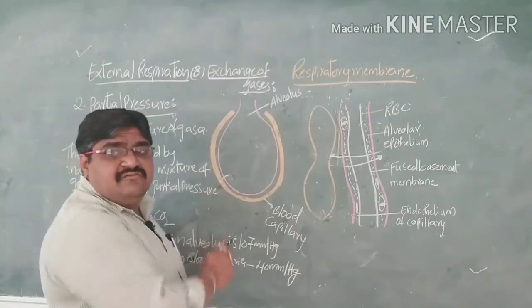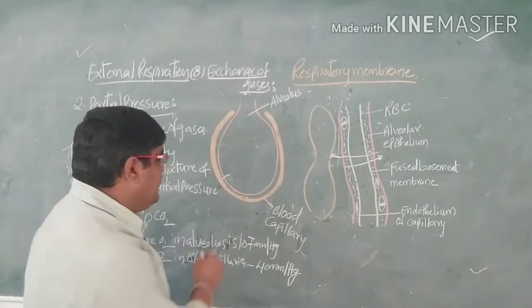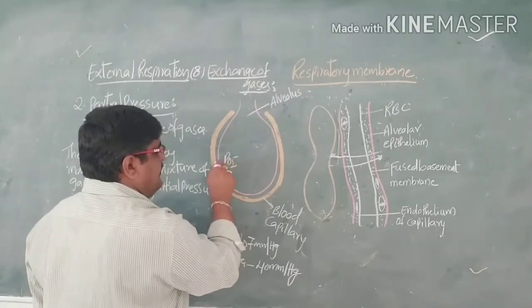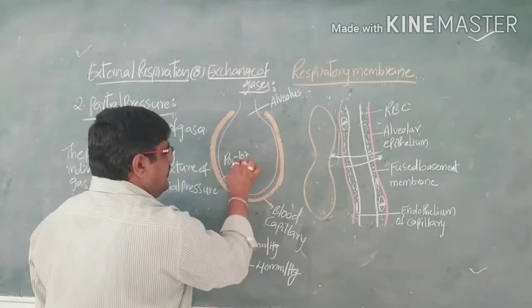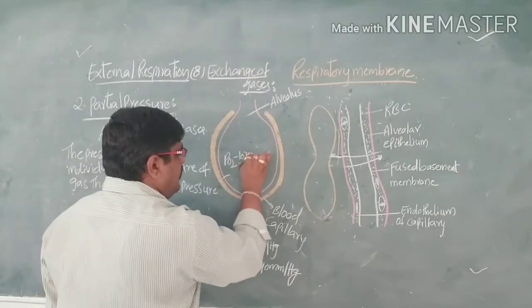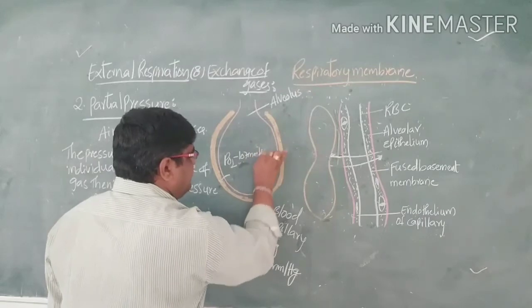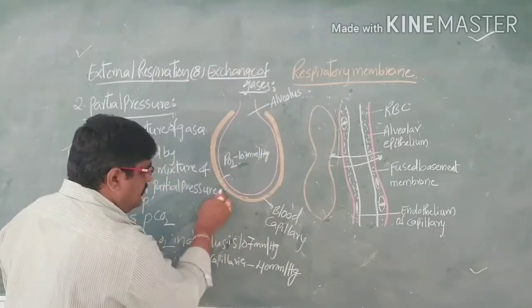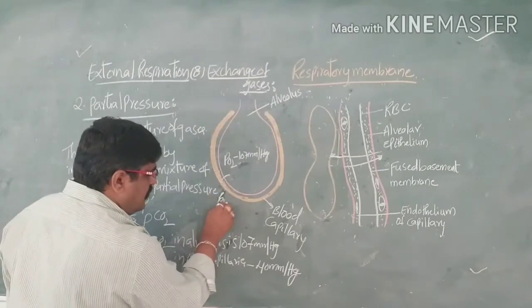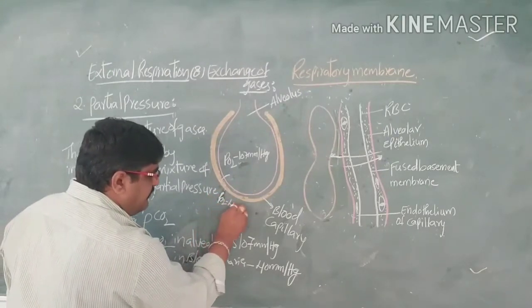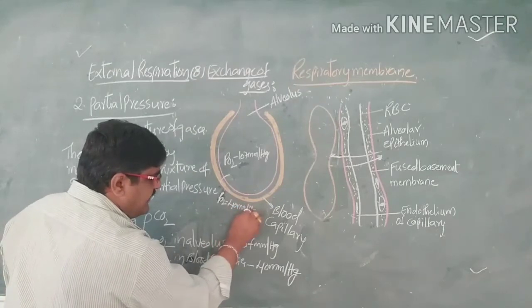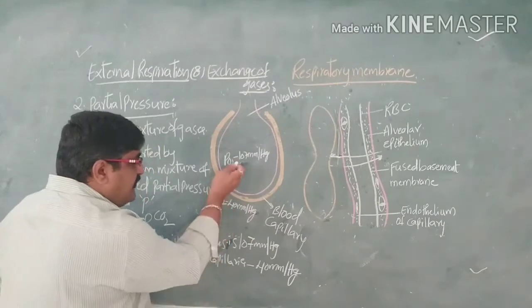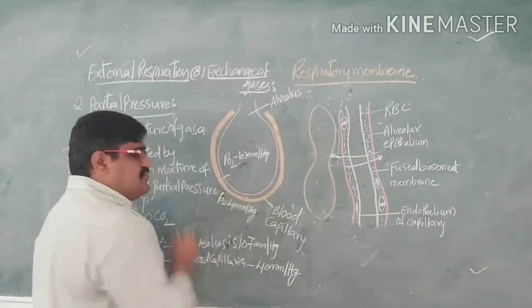The PO2 in the alveolus is 107 mmHg, and in the blood capillaries the PO2 is 40 mmHg.